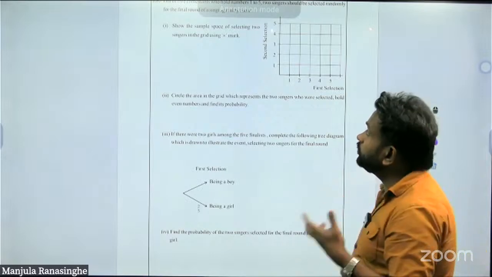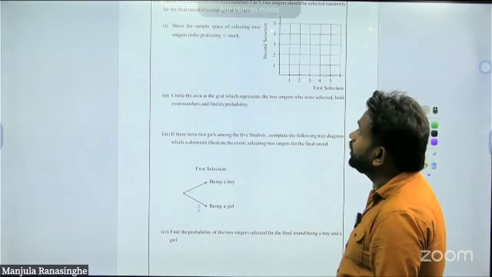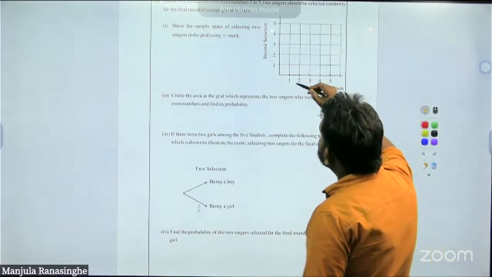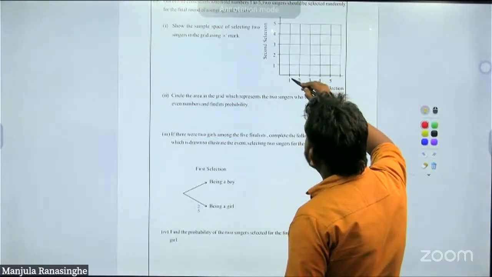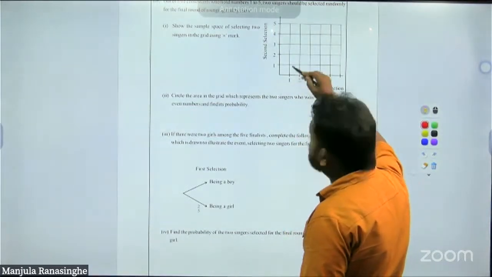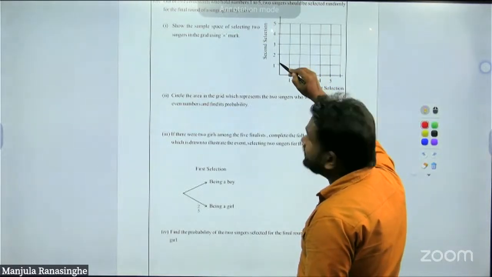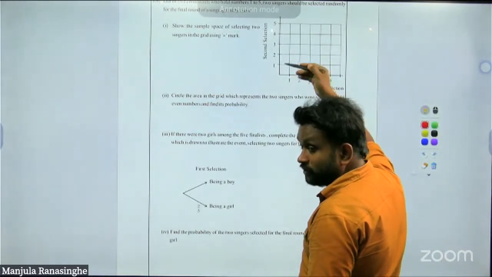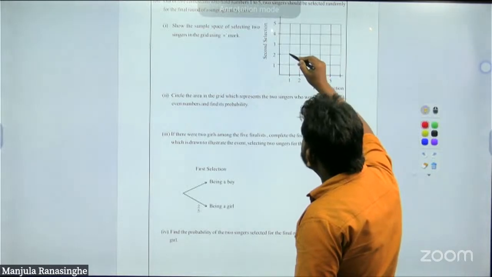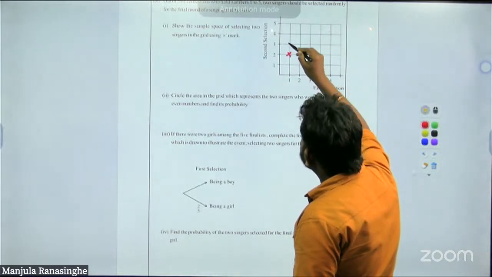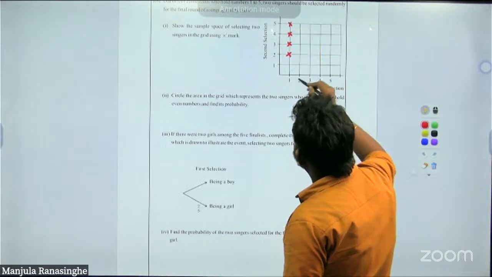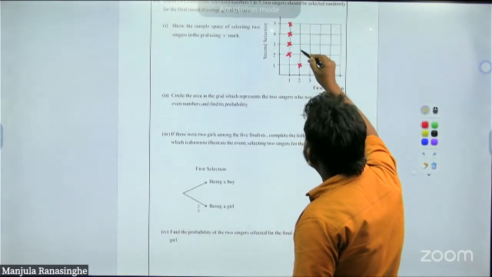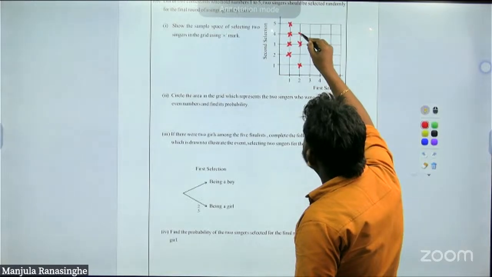Two persons, two singers should be selected. For the singing reality show, if one particular singer is selected, for the second selection that one is not available. So mark that 2 is available, 3 is available, 4 available, 5 available. If 2 got selected, 2 again is not available, but all others are available.